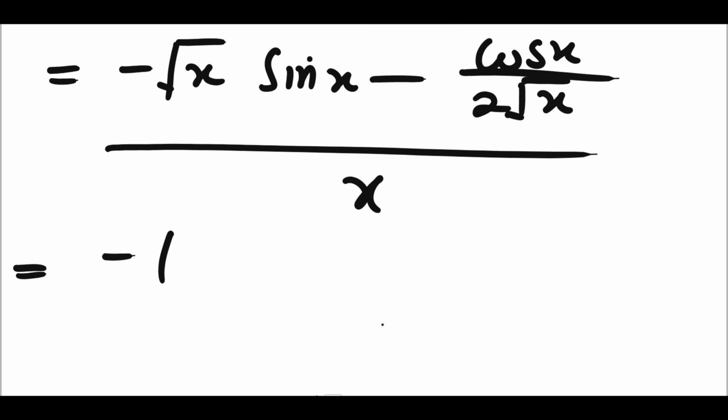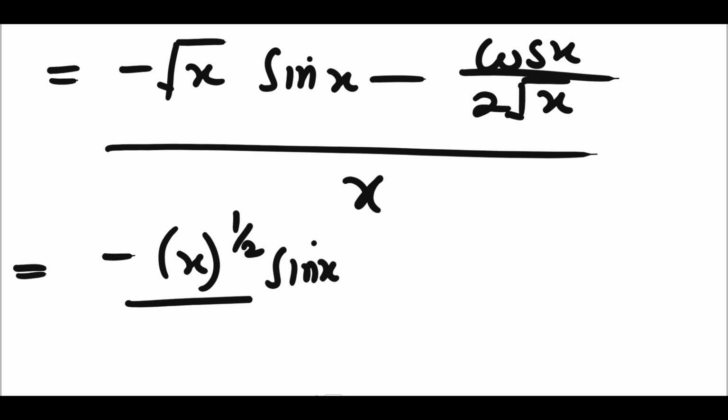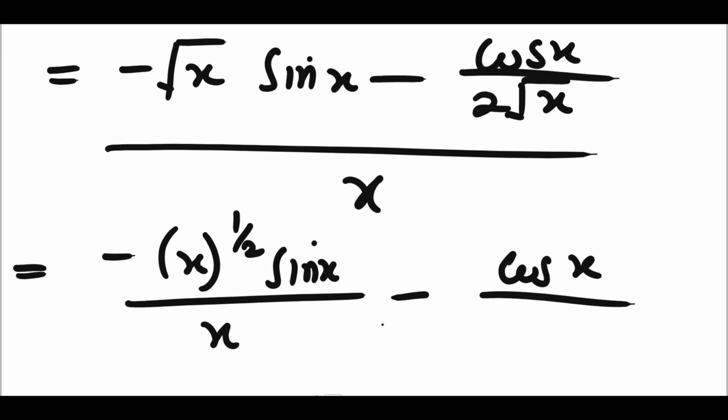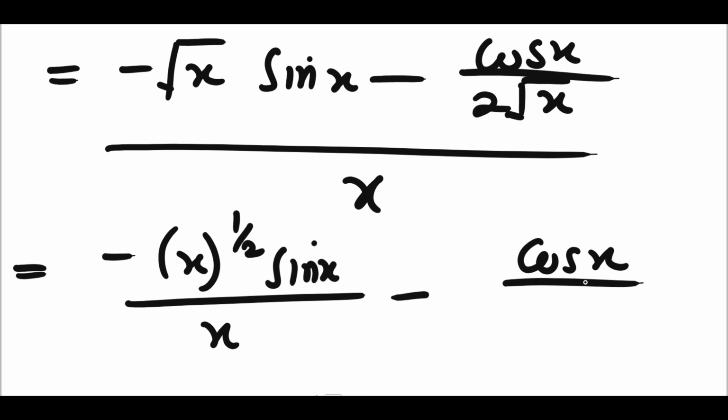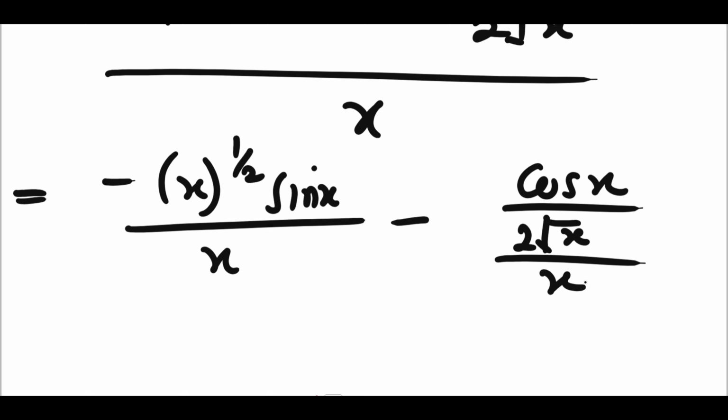So negative root x, we can rewrite this one as negative x in bracket exponent half, sine x divided by x, then minus cos x divided by 2 root x also divided by x. Okay, we have just split the fraction.